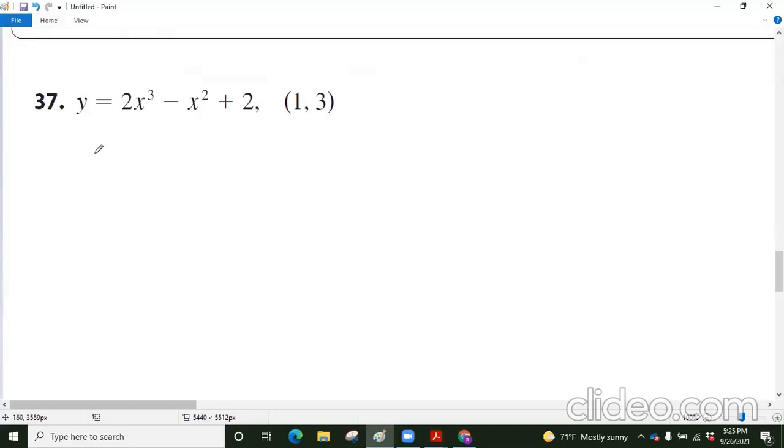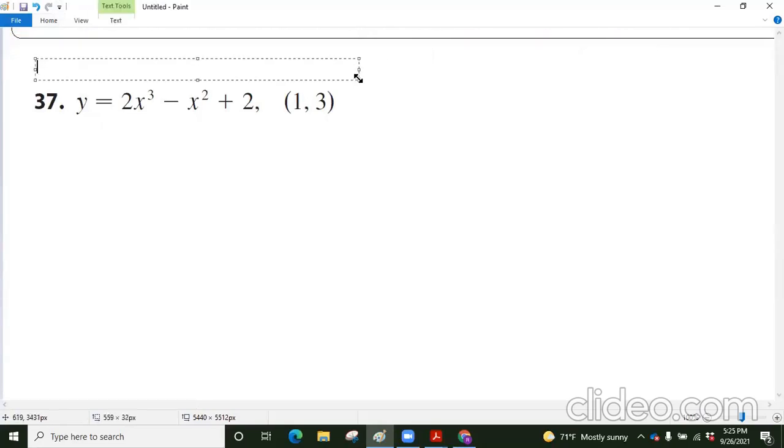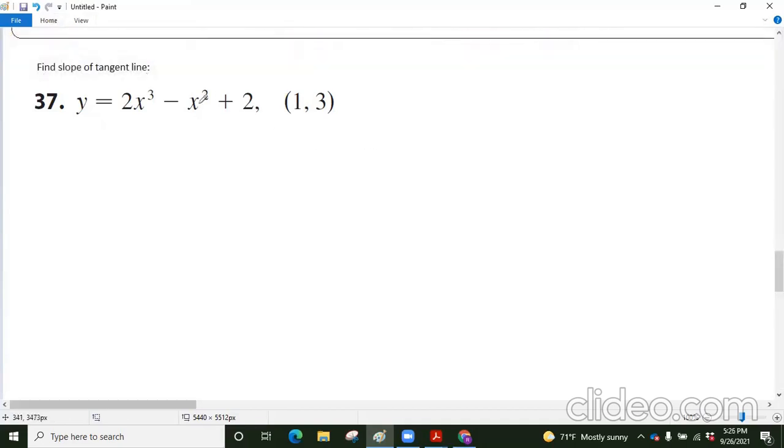This next question actually wants you to find the slope of the tangent line. So I guess we'll make that clear here. It says to find the slope of the tangent line. And we used to do this by using this definition.